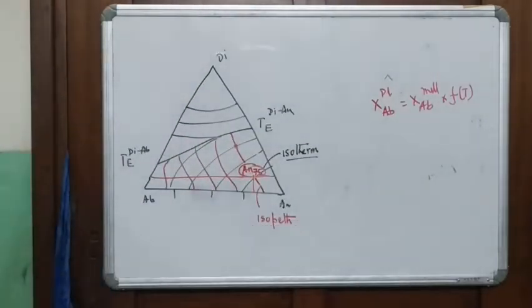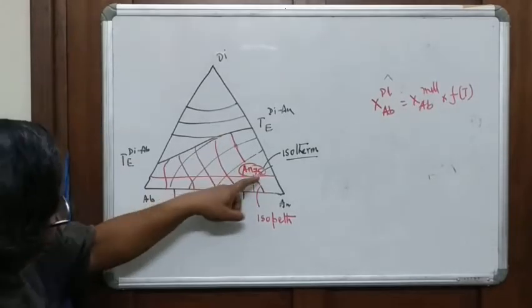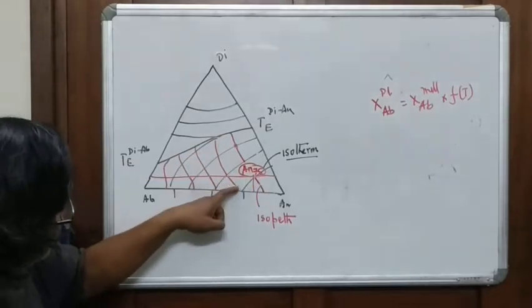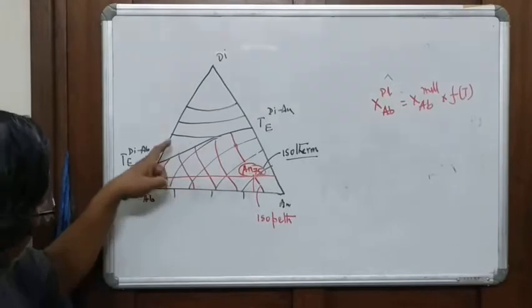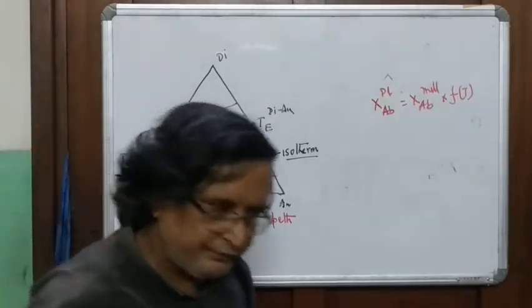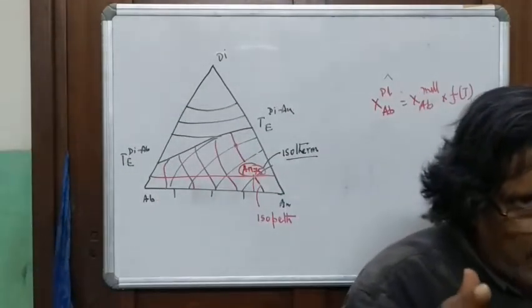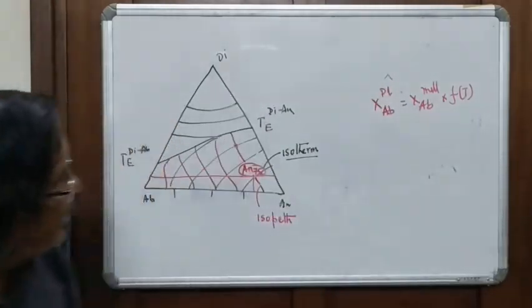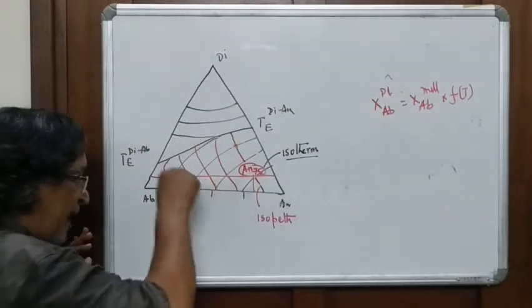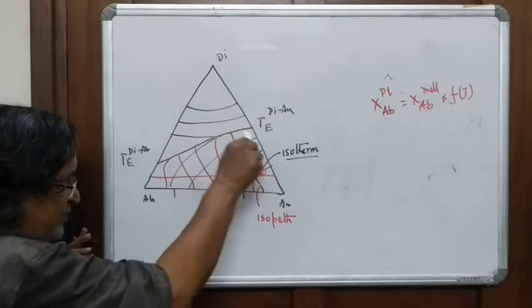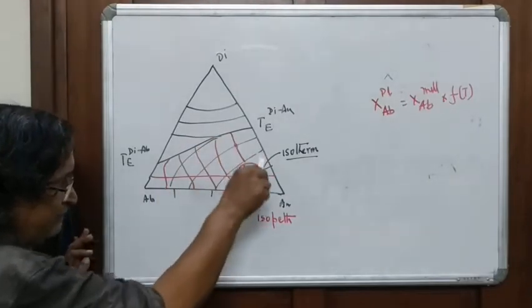In this case, it's anorthite 75. If you go here, it's anorthite 60. If you go here, it's anorthite 40, and so on. So essentially what we are dealing with here is this part of the phase diagram where plagioclase and liquid coexist, the liquidus surface.